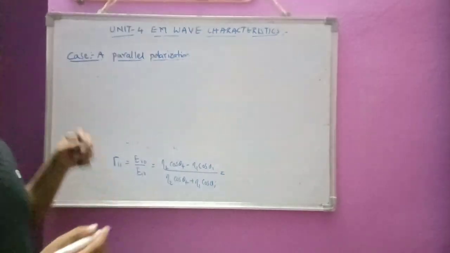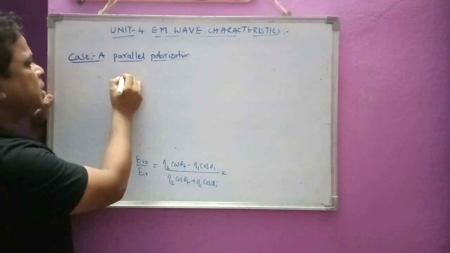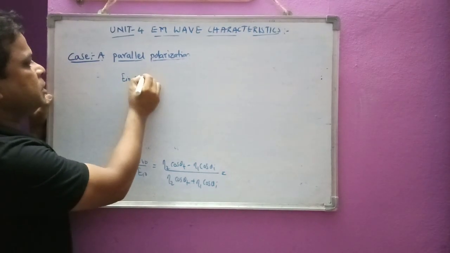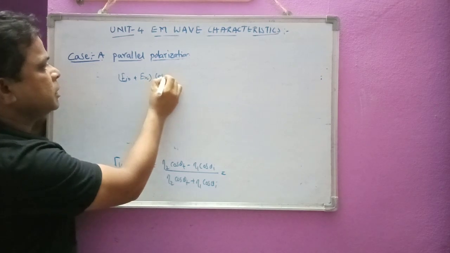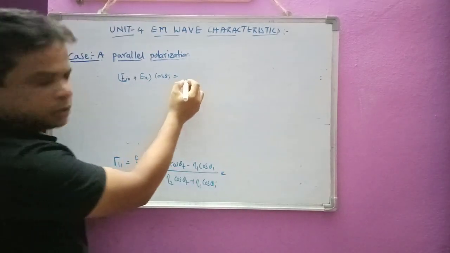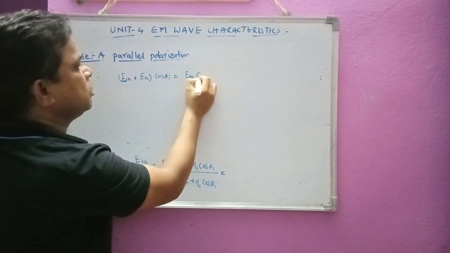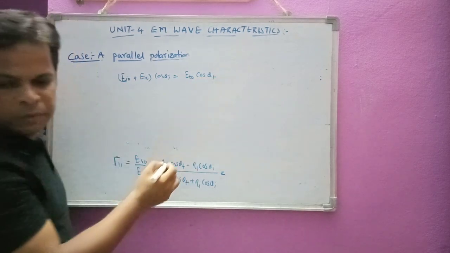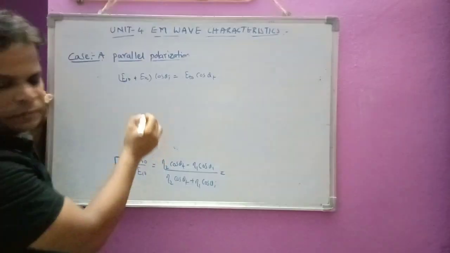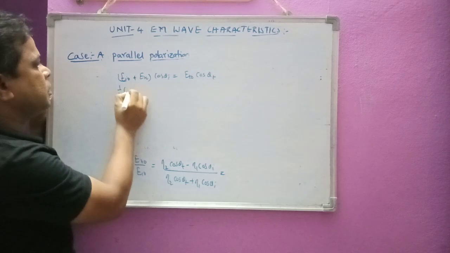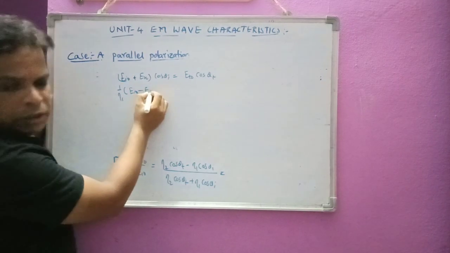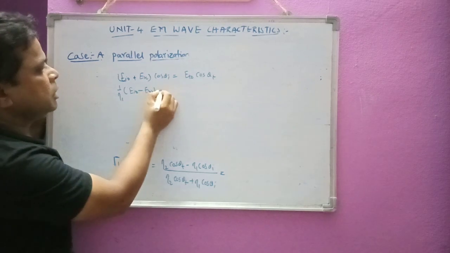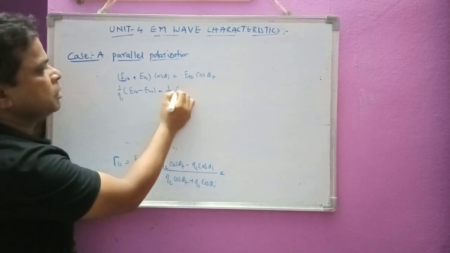I can recall the equations: EI0 plus ER0 into cos theta I is equal to ET0 cos theta t. Similarly, we have 1 by eta 1 of EI0 minus ER0 equal to 1 by eta 2 ET0.